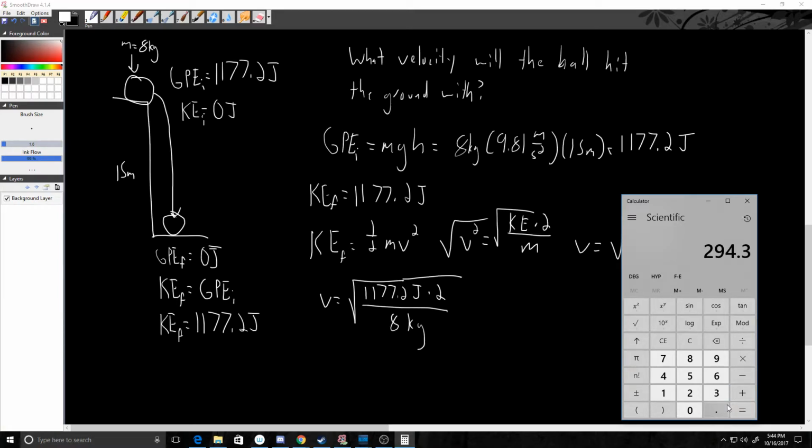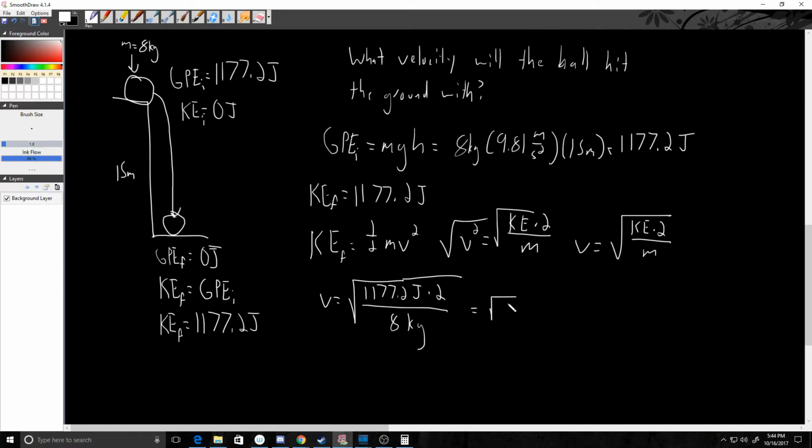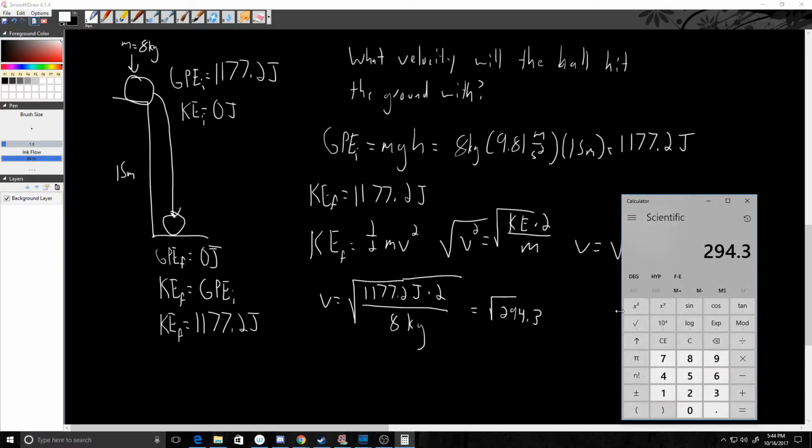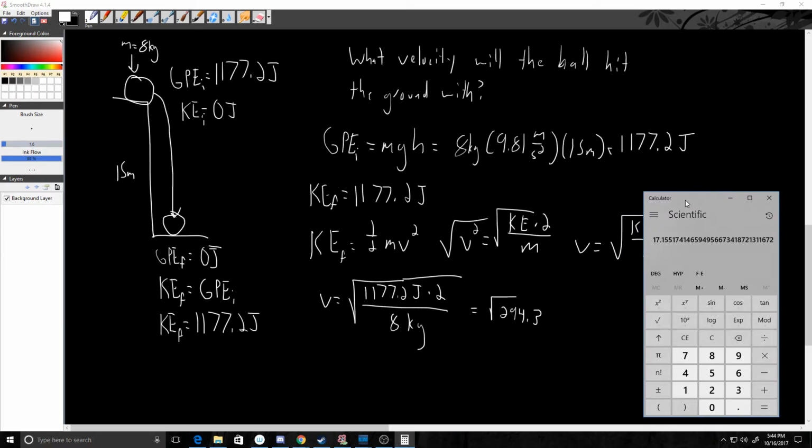So really we're taking the square root of 294.3. Now I just need to take the square root of that. The square root of 294.3 equals 17.155. Sounds good.